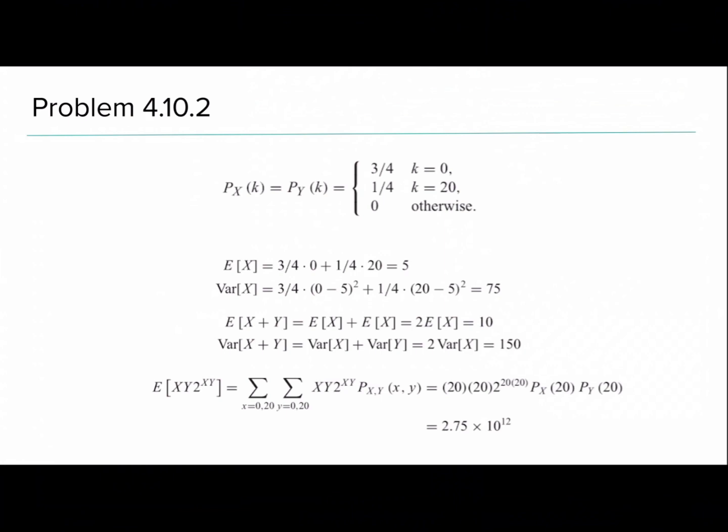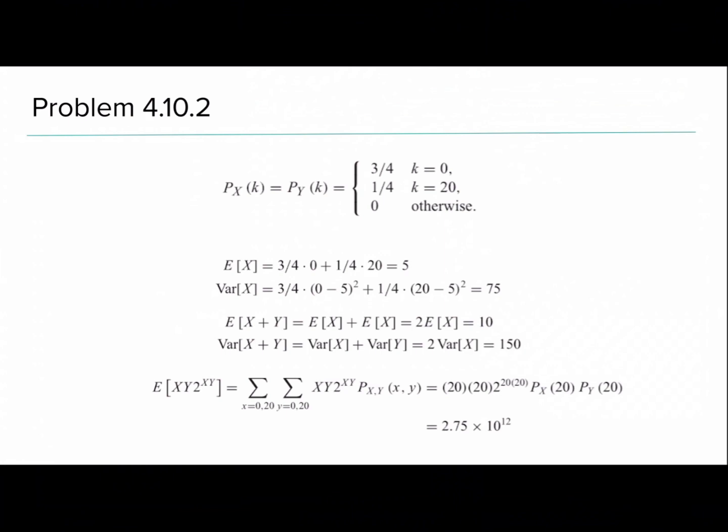So again, this will be 4 terms, but 3 of them will be 0 because either X or Y is 0, and only one term will be non-zero where both X and Y are equal to 20. So we have 20 into 20 into 2 raised to the power 20 into 20 into the joint probability P of X comma Y, where X is equal to 20 and Y is equal to 20.